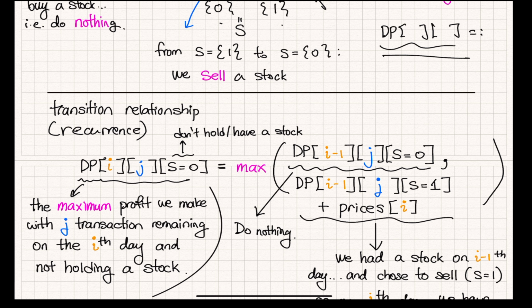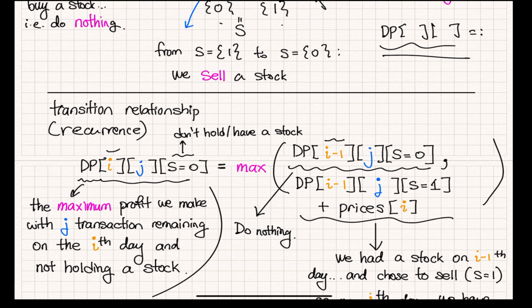And that is just the maximum of dp of i minus 1, j, 0, or dp of i minus 1, j, 1 plus price on ith day. Now, let's forget about this mathematical notation. What does this mean in plain English? Notice that here we have i minus 1 and here we have i, so we are moving from here to here.